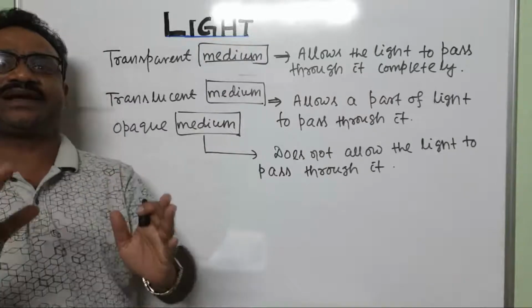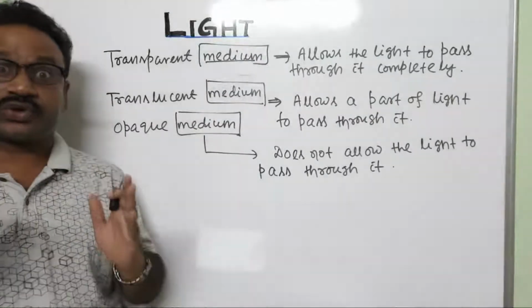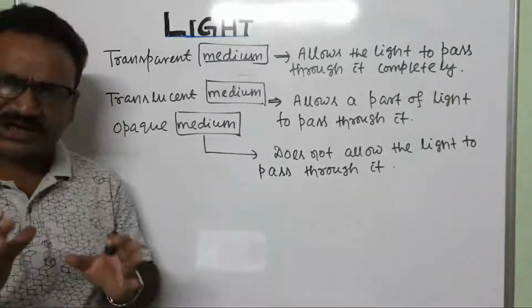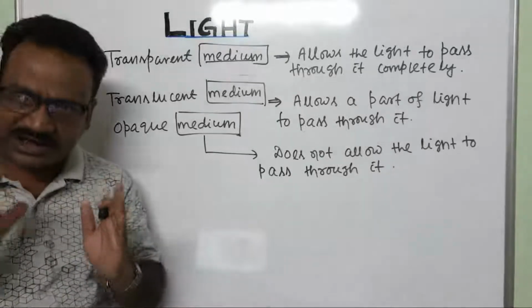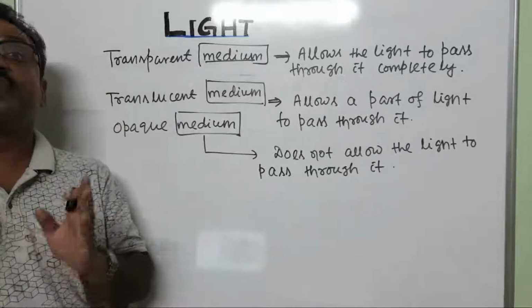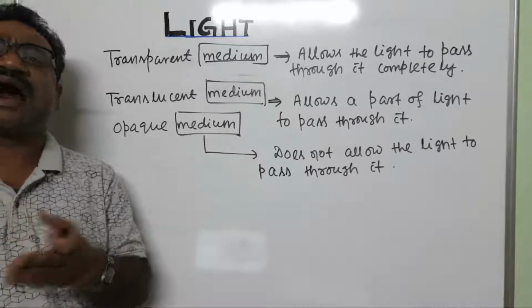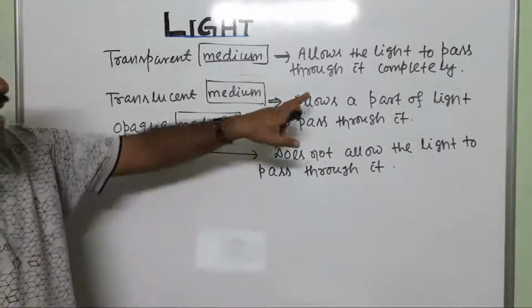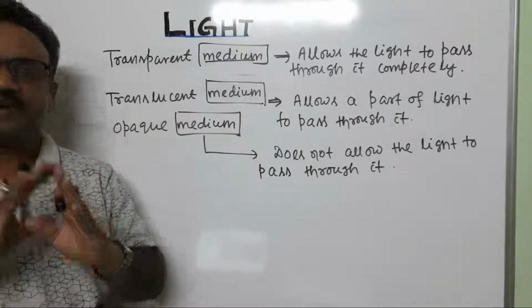Air is transparent. Sunlight comes through the air. So air is a transparent medium. Water is transparent. Glass, you have seen, is transparent. Some glasses are also translucent. Window pane glasses, the windows of cars and buses, are translucent. They allow a part of light to pass through them, not the complete light.